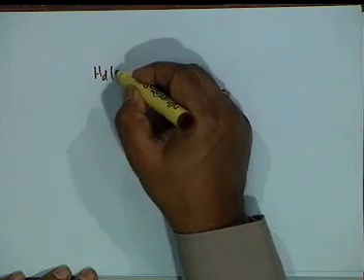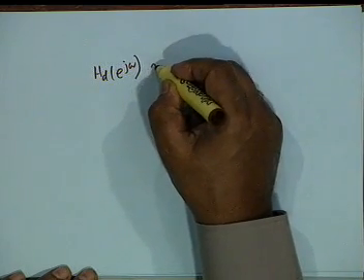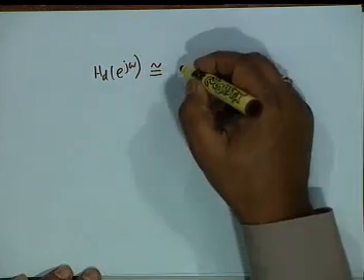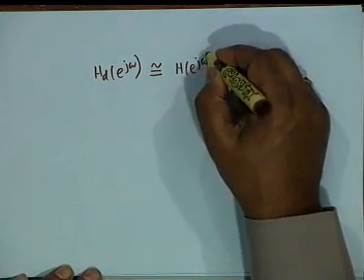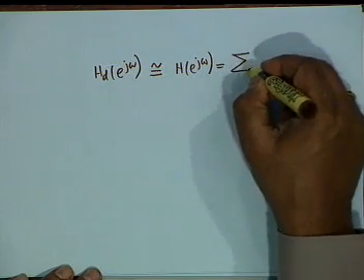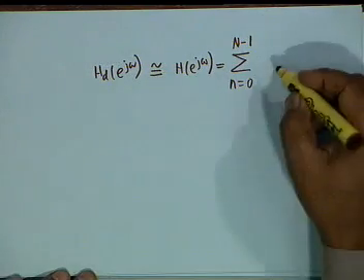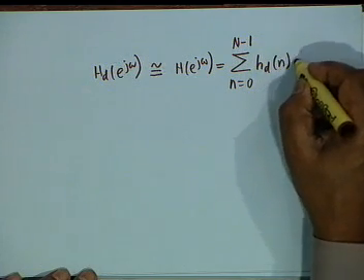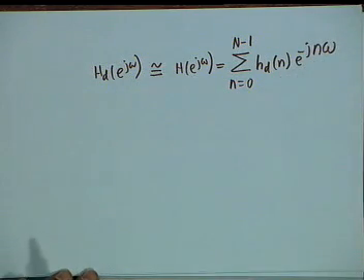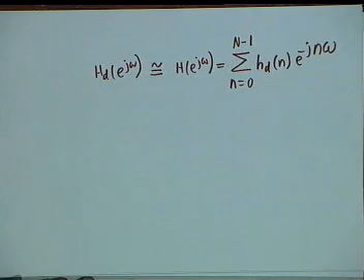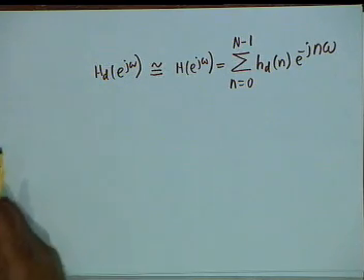Therefore, my H_d(e^{jω}) is approximated by H(e^{jω}), which is equal to summation n equal to 0 to capital N minus 1, the length is capital N, h_d[n] e^{-jnω}. It is as if the infinite length impulse response is allowed to pass through a window of rectangular shape.